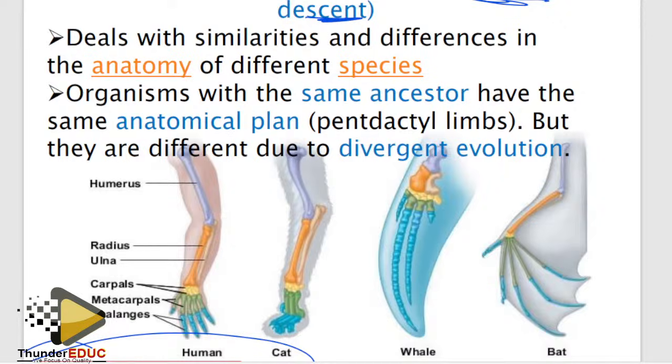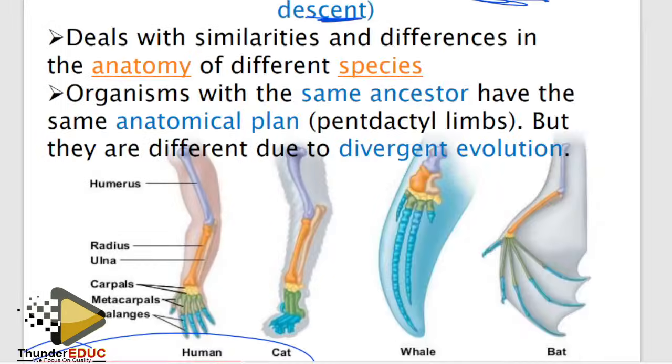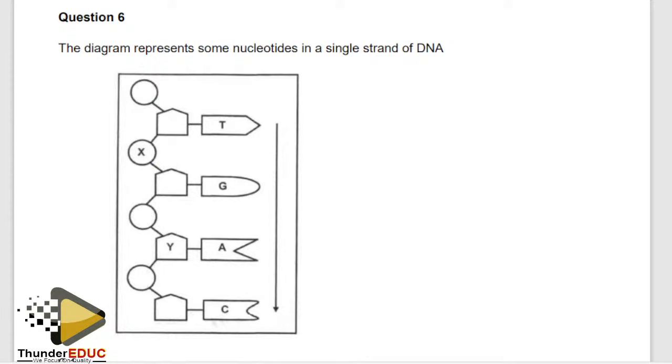Now I think we are done. Let's start now. Guys, on DNA, don't look at that diagram. I'm not talking about the diagram. Guys, on DNA, there are some things which they're going to ask you. And if you don't know them, you're gone.